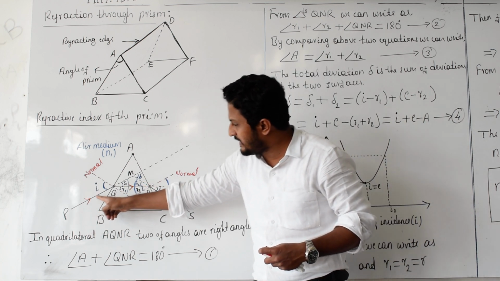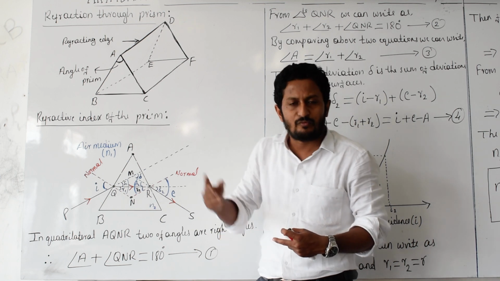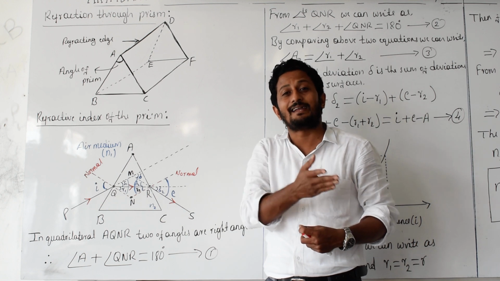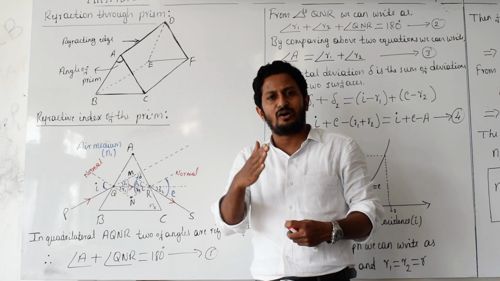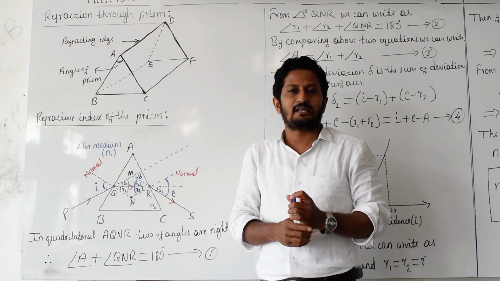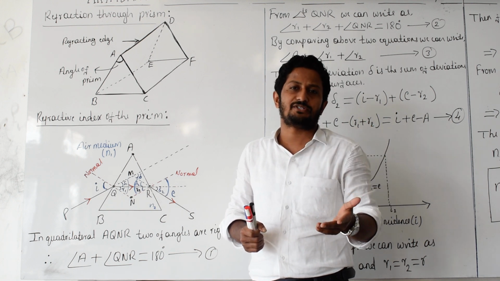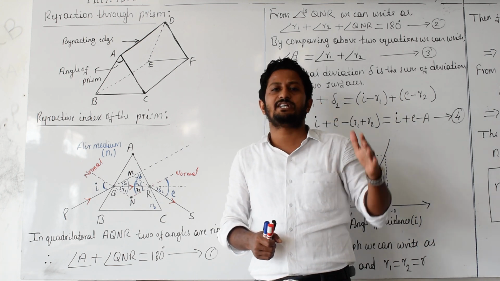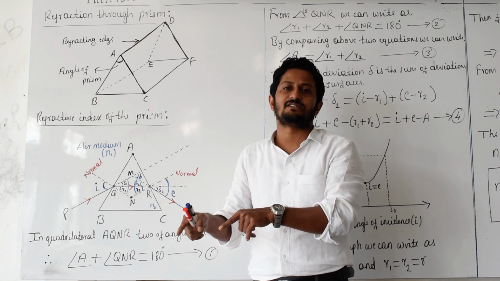If we change that angle of incidence, for that particular angle of incidence there will be another angle of deviation. As we go on changing the angle of incidence, we will be getting different angles of deviation. Yes, the angle of deviation depends on the angle of incidence.